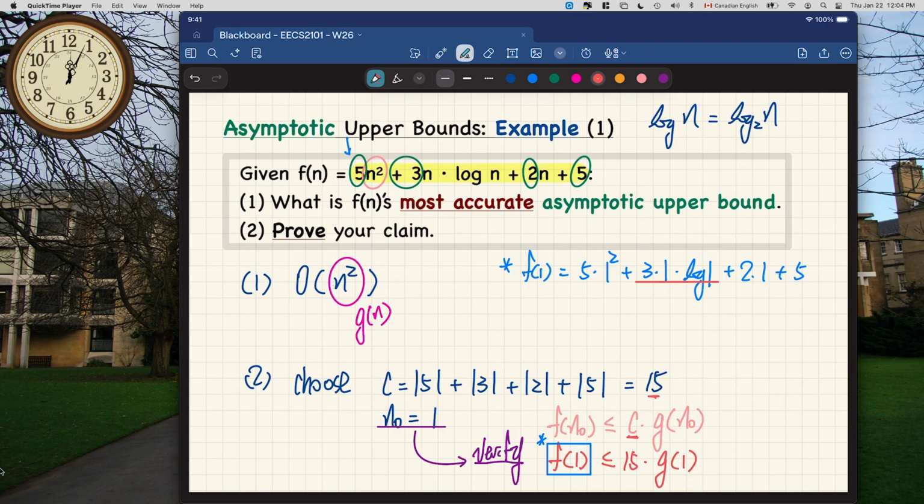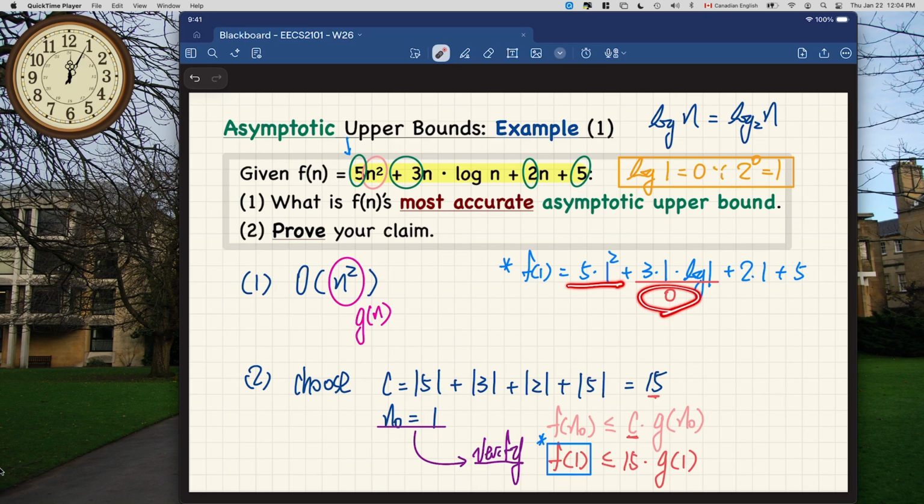Because log of 1 is always 0, because 2 to the power of 0 equals 1. I'm pretty sure this is one of the easy facts you learned maybe from the calculus class. Please review. So that part there is 0. So we got 5 plus 0 plus 2 plus 5, and that gives us 5, 7, 12.